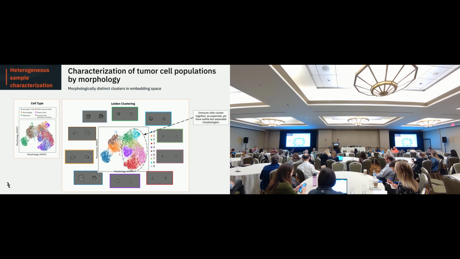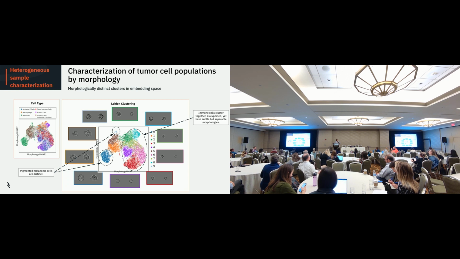And again, we see that the right side of this UMAP has most of the immune cells, but we can find differences in their morphology using this combination of AI and morphometric-based parameters. An interesting thing to note is that the melanoma cells actually clustered into two separate clusters, and the main differentiator between them is that the upper cluster of cells are pigmented.